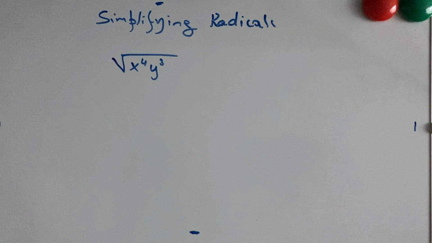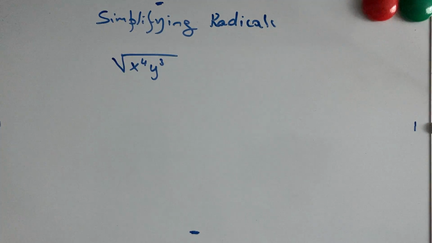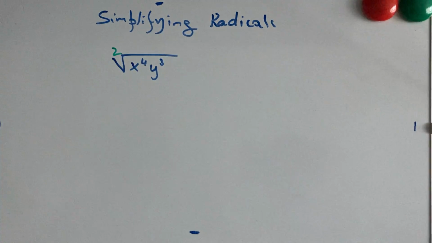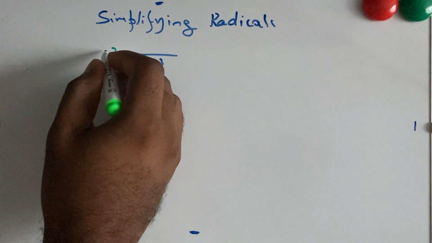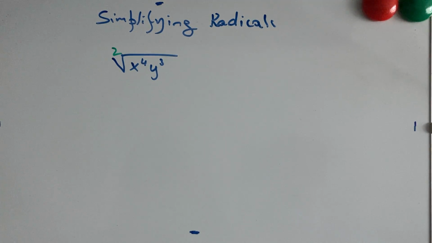The other way to do this, which would make it very easy, is to try to find numbers that are divisible by what you have as the index. The index is 2 in this case. Remember, you don't write the 2, but it's there. I'm putting it here for you to remember.